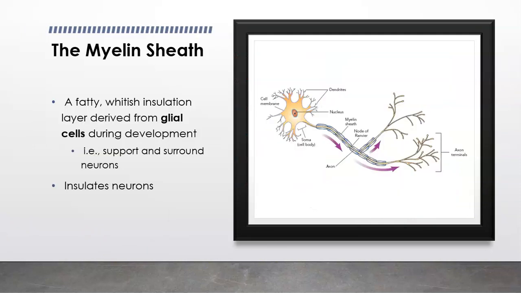Another thing that we can use is a myelin sheath. While myelin sheaths also insulate the cell, they also have great importance in helping the cell move this action potential from the soma to the axon terminals. The myelin sheath is really like a whitish insulation layer made up of glial cells, and it acts like plastic insulation on an electrical wire.